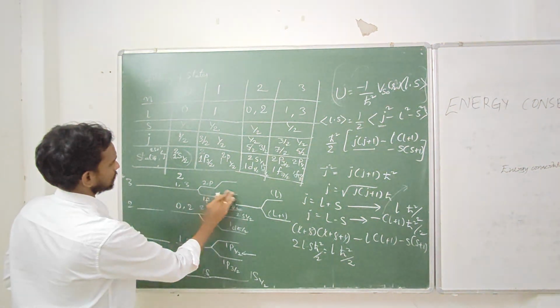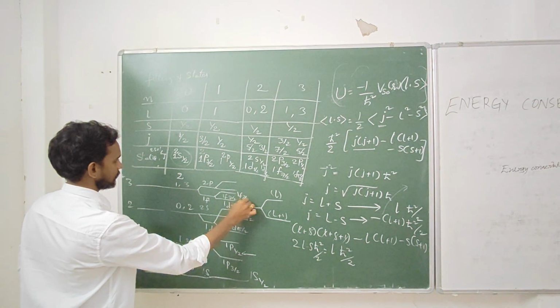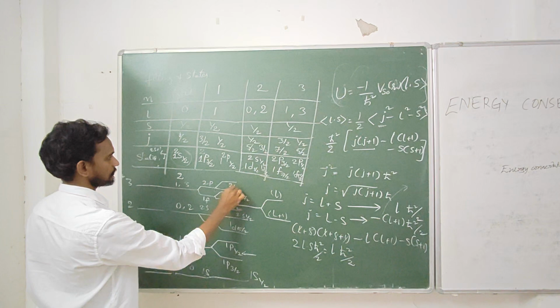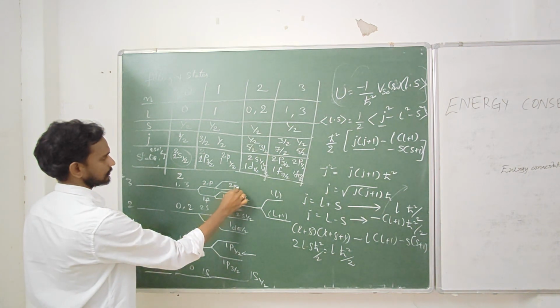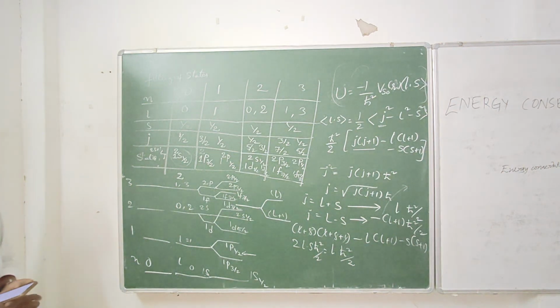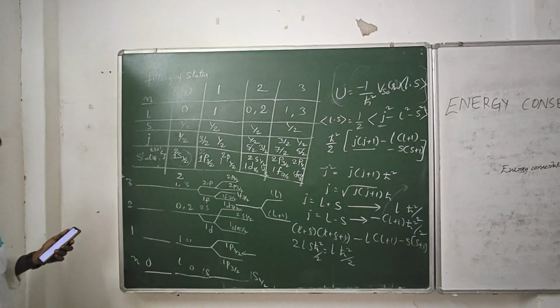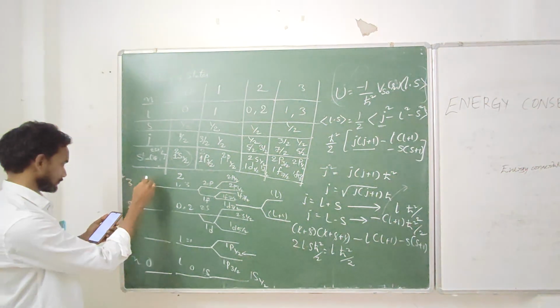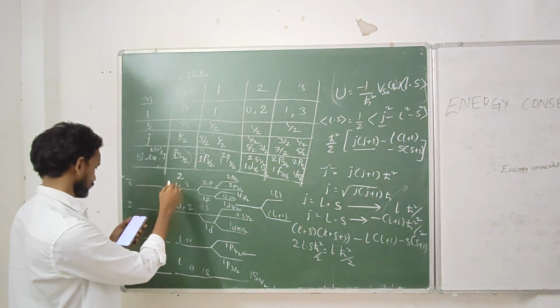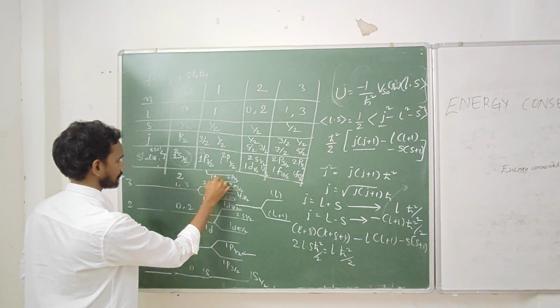Actually here 1f 5 by 2, 2p 3 by 2 and 2p half. So if you fill those energy levels, and if you consider the fourth level also, your 1g 9 by 2 will come here.